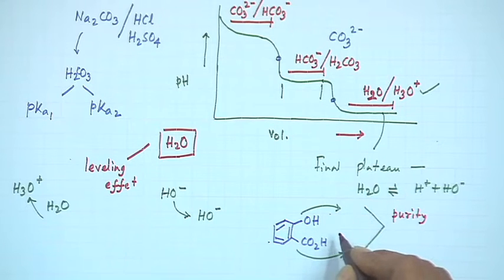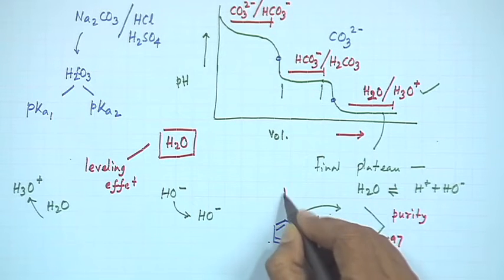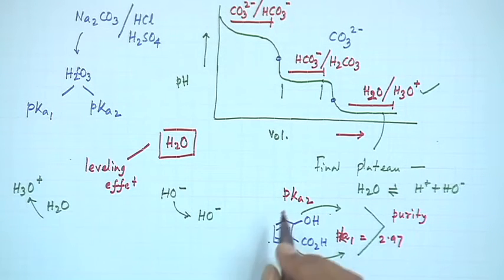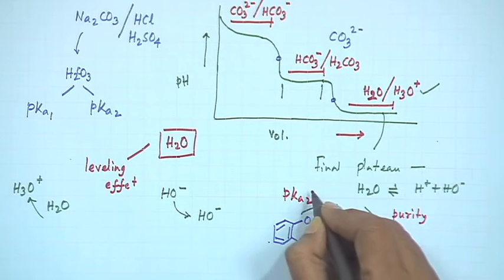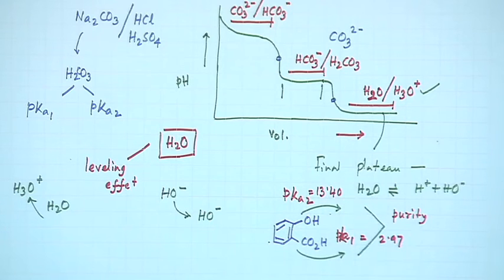So, if we consider that this is stronger, pKa1 is equal to 2.97 and this is pKa2, like that of our carbonic acid, where we have pKa1 and pKa2. So, this is 2.97 and this is 13.40.